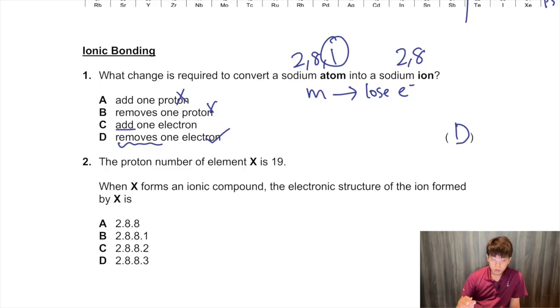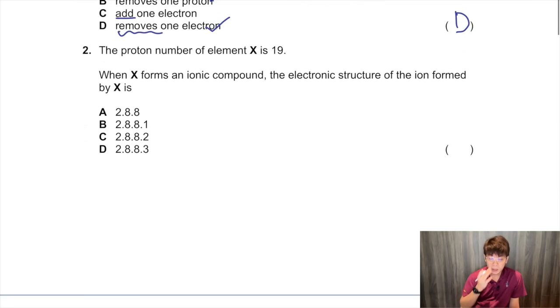Now question number 2. The proton number of an element X is 19. X forms an ionic compound and it will form an ion. So I need to write the electronic configuration first. For 19, it will be 2.8, that's 10, 8, that's 18, and then 1, that's 19 electrons.